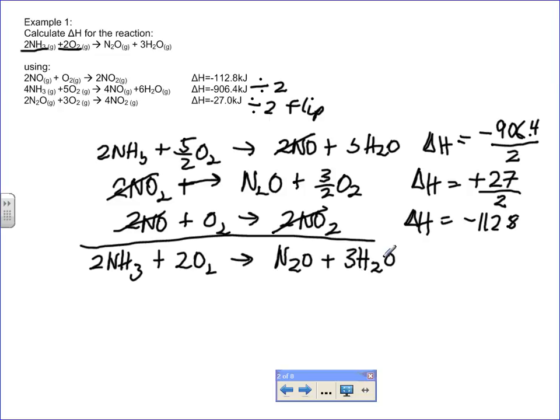Okay, and as expected, the reaction adds up to our reaction that we were trying to determine. And when we take these delta H values that we've worked on, we're going to find that we get a value of minus 552.5 kilojoules. So this is how you find the delta H using Hess's law.